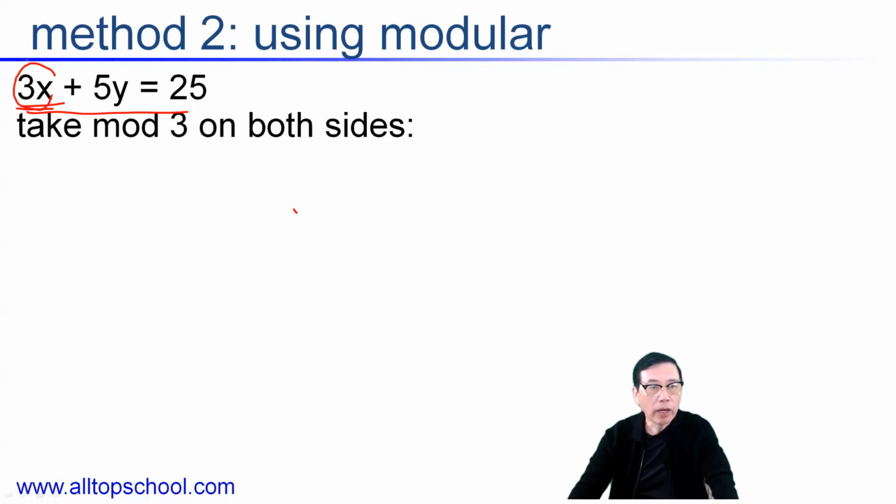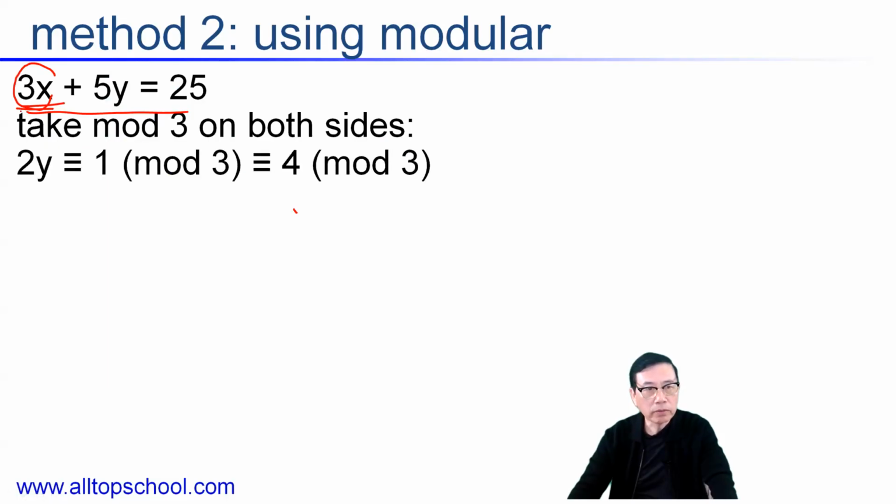You see, one is a 3, one is a 5. I take the smaller one, so I take modulo 3 on both sides. Then the 3x term becomes 0. For 5 divided by 3, the remainder is 2, so the left-hand side only has 2y. On the right side, 25 divided by 3, the remainder is 1.